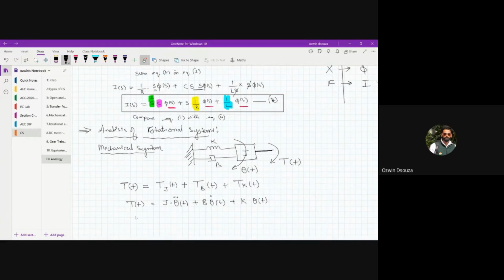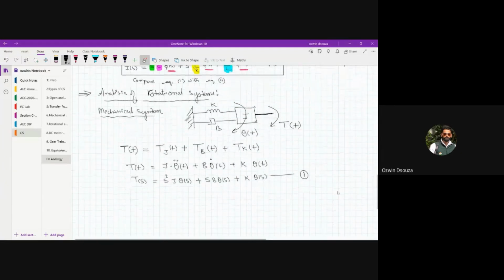Okay. In Laplace domain, T of s is equal to, it's a double differential function, so s square into J into theta of s, plus single differential function, so sB into theta of s, plus K into theta of s. Okay, so this is your mechanical system mathematical model.